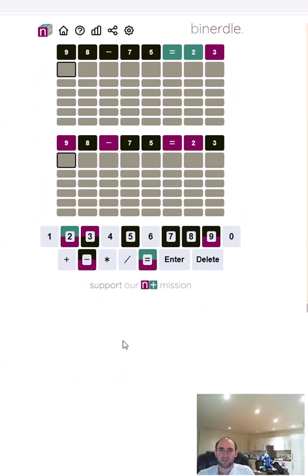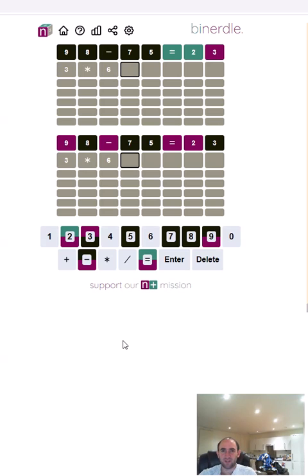On to the Binerdle there. So the top one, we've ruled out lots of digits and we've got the equals in the right place. The bottom one, we've got a minus and we've got the equals, but not in the right place on either of them. I think we might have to try the top one first.